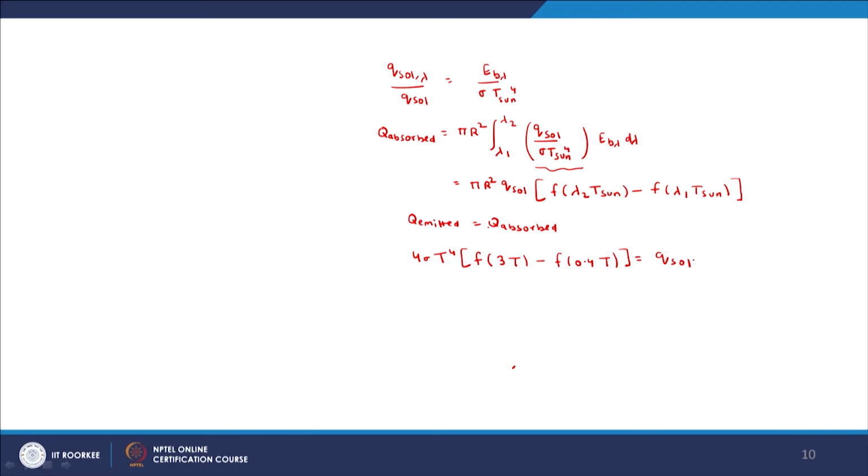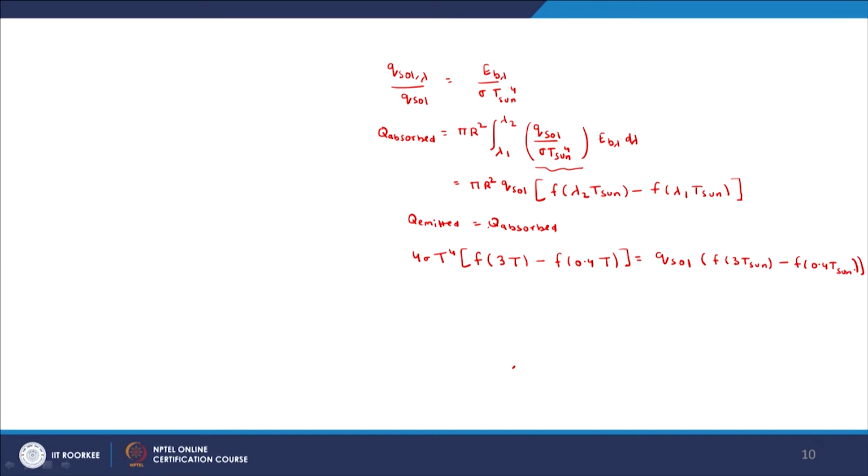The pi r square will cancel out from the left hand side and right hand side, and we get f of 3 times T sun minus f of 0.4 T sun.